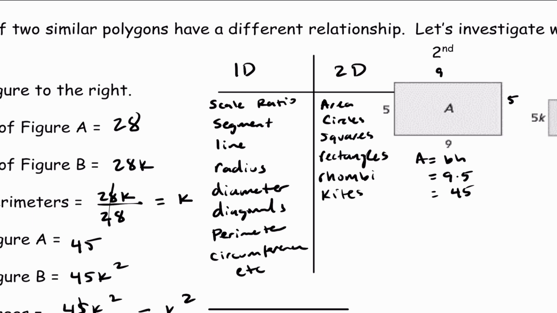Anything else? Triangles. And then we're going to just say etc. because the list could go on, right? So make sure you have this on paper because this is going to help us a lot.